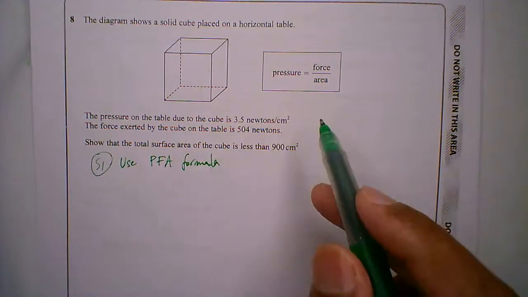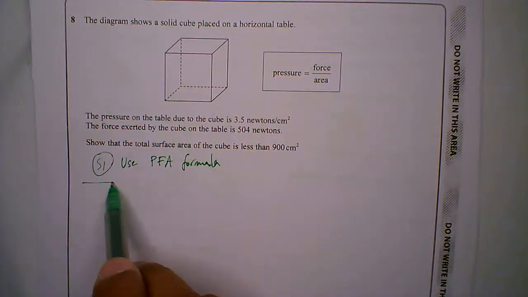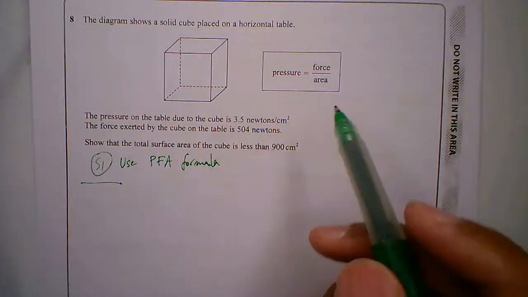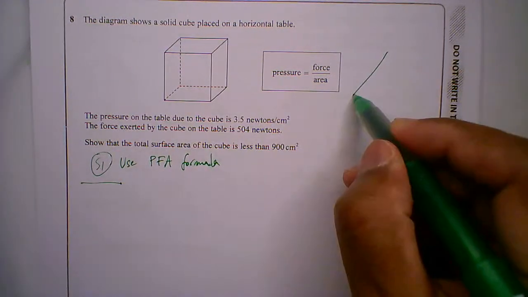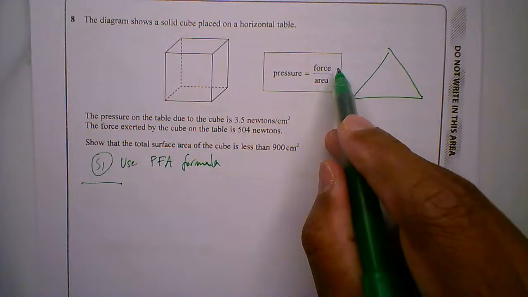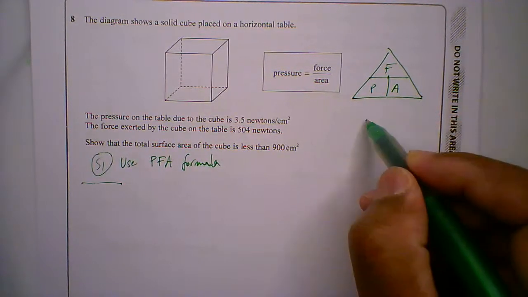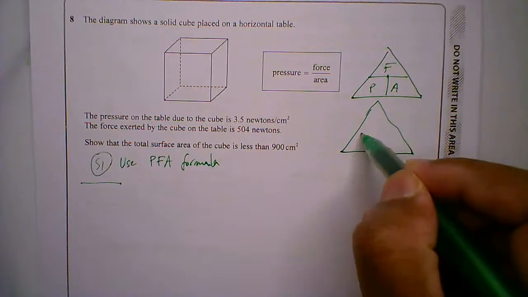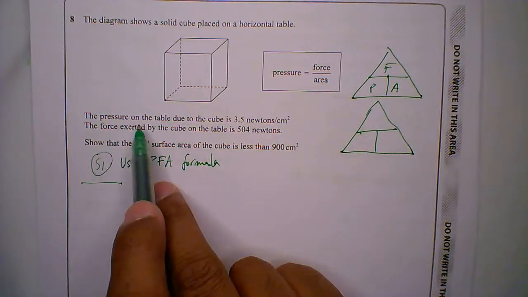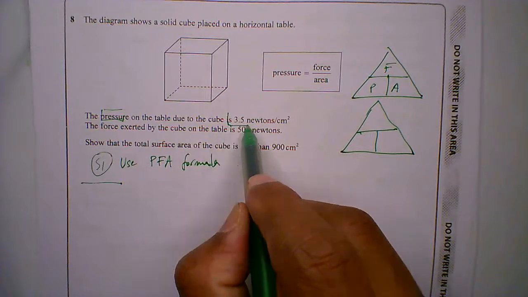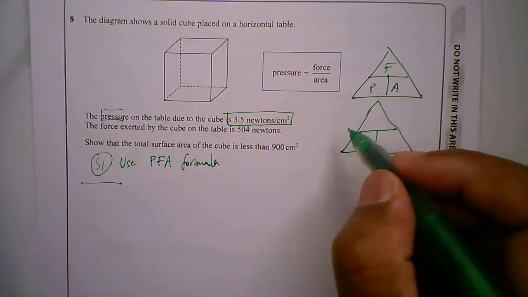Now these types of questions, they don't give you answers straight away. So if we go through the information again, or before I do that, I'll put my force at the top and pressure and area at the bottom. You will see something is incomplete. So the pressure on the table is 3.5 newtons.